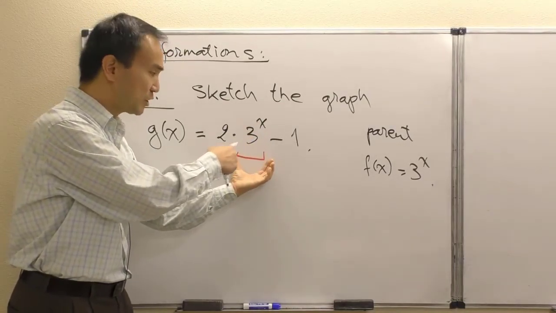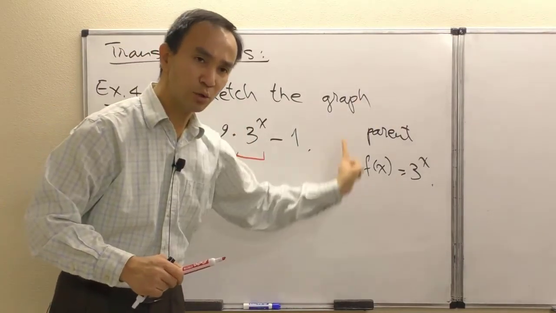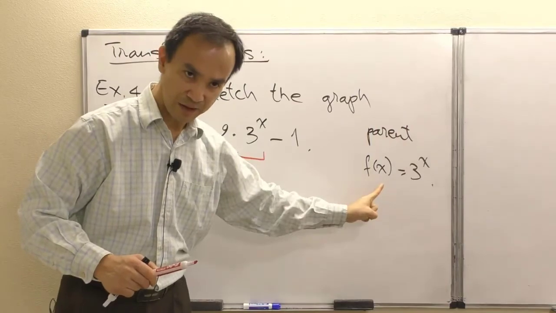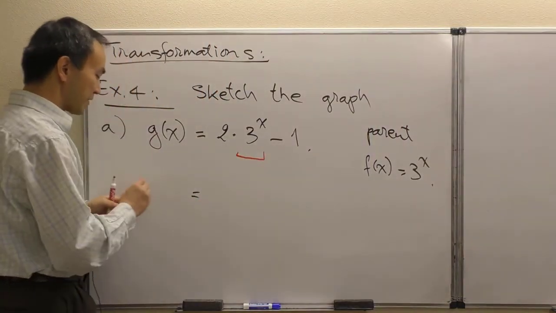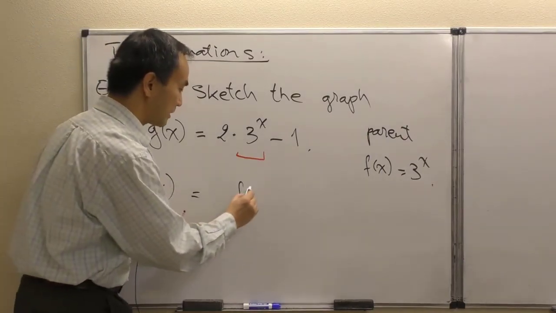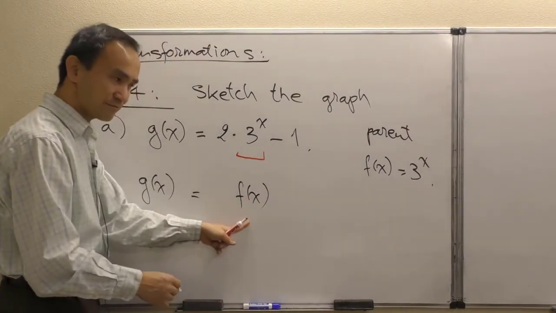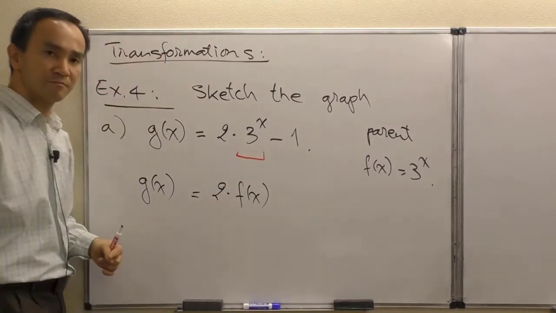But 3 to the x has already been recognized as a parent function. So in that way, g of x comes out as the outcome of f of x, the parent function, multiplied with 2.